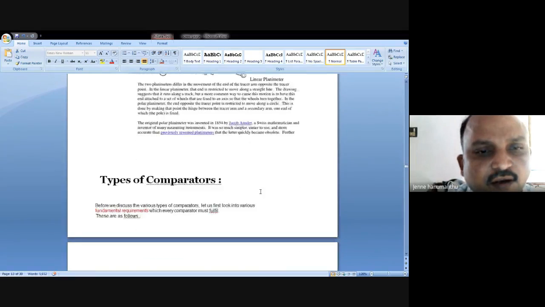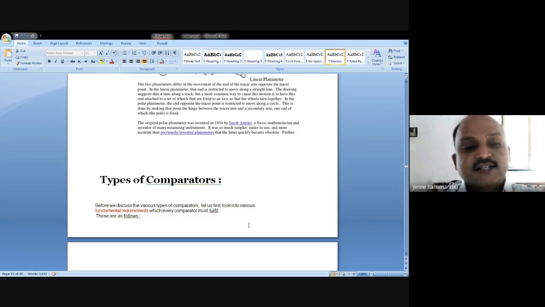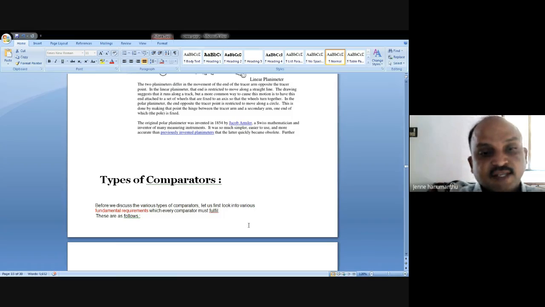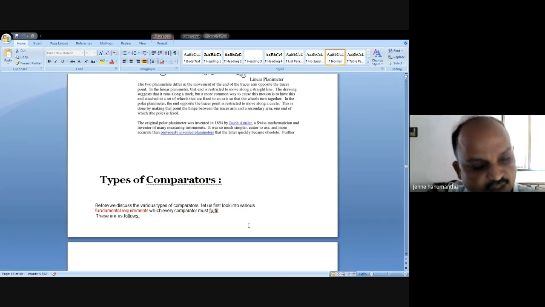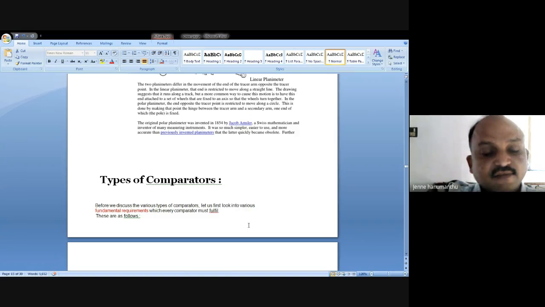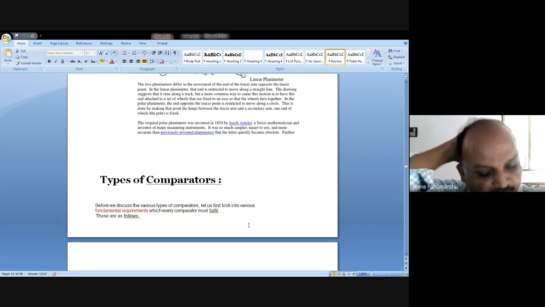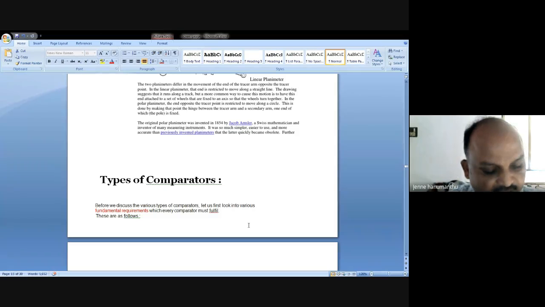Next, in the syllabus we have comparators. So what is a comparator? A comparator is a precision instrument which is used to compare the dimensions of the given component.